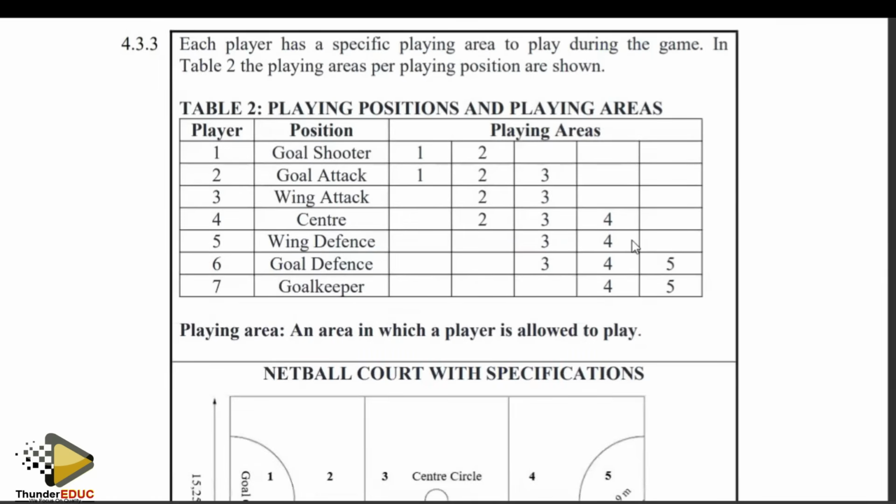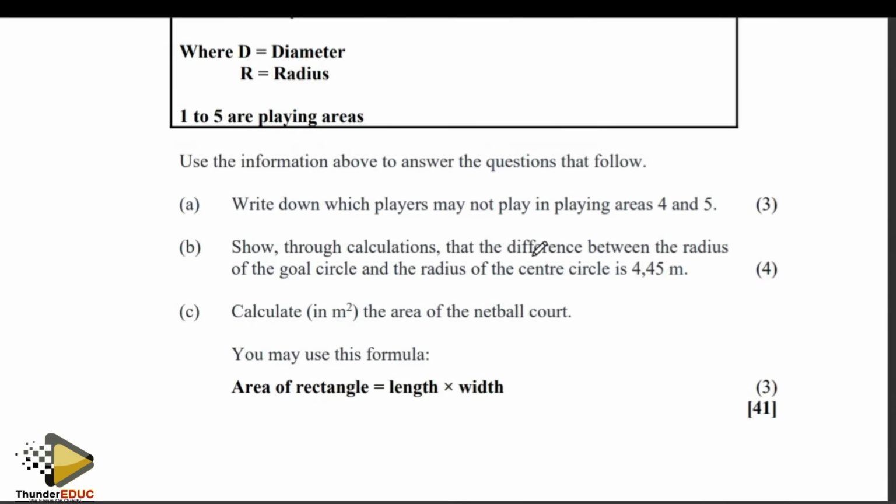In 4 and 5, we have the goal shooter. You know, their numbers, the 5s are not there. So it's the goal shooter and the goal attacker.